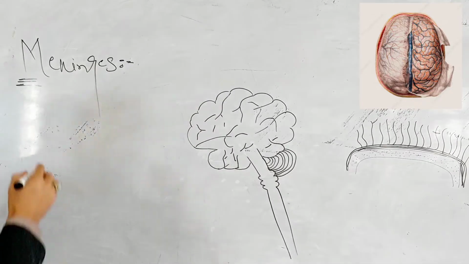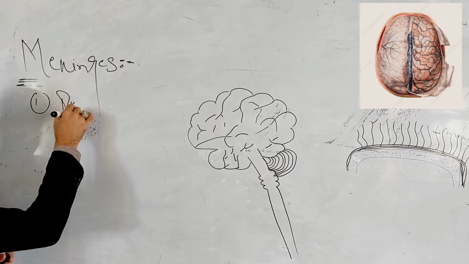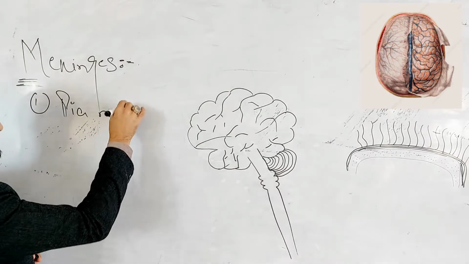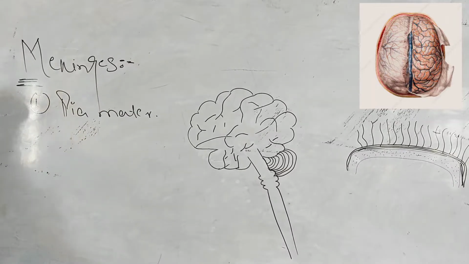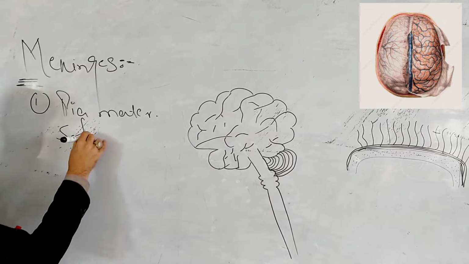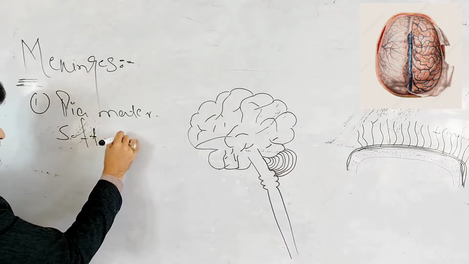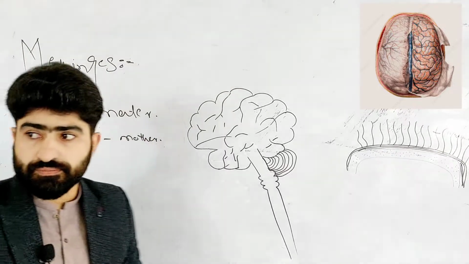Okay. The first one is the pia mater. Pia mater. Pia means soft and mater means mother. Soft mother.